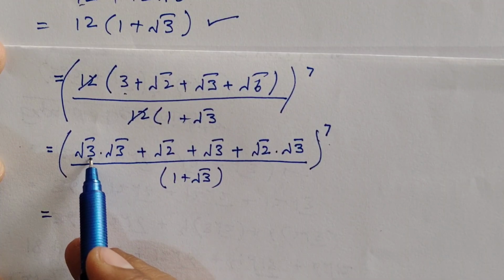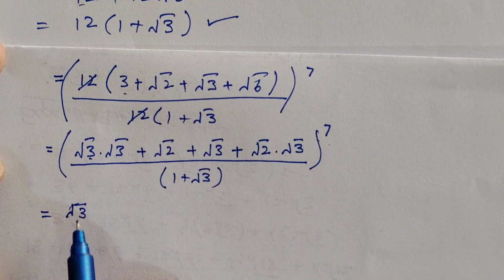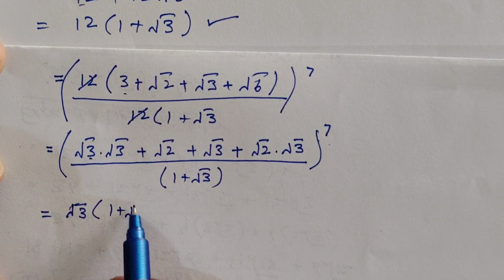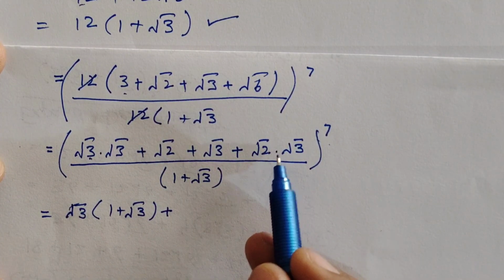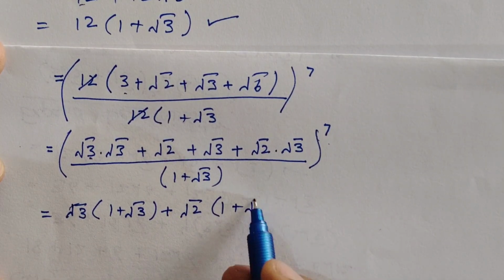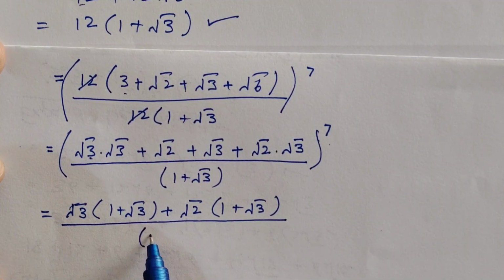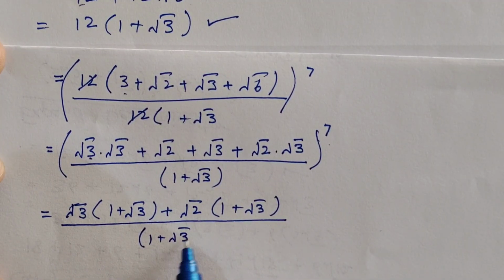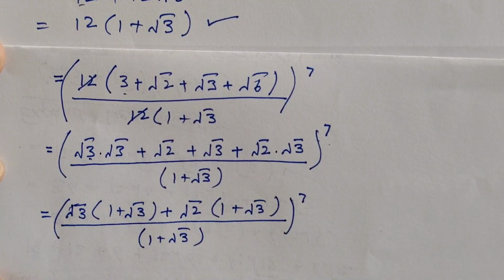Now we take common square root of 3 in these two equations, get 1 plus square root of 3 and plus square root of 2 between these two equations, 1 plus square root of 3 divided by 1 plus square root of 3 whole power 7.